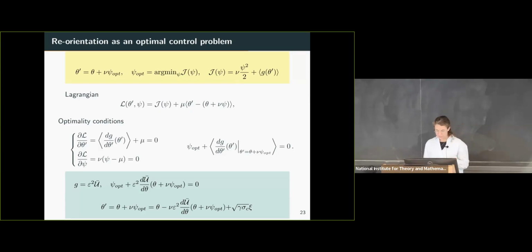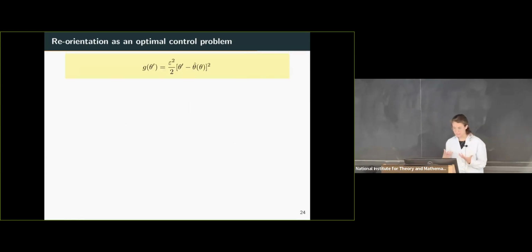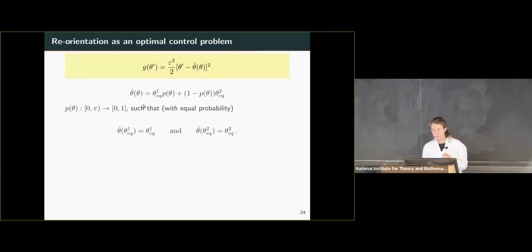But again, the cell doesn't know how to measure this mechanical energy. So we introduce this G function, which measures the distance, again, between theta prime and the possible target. And we said, okay, how do I model the possible target?